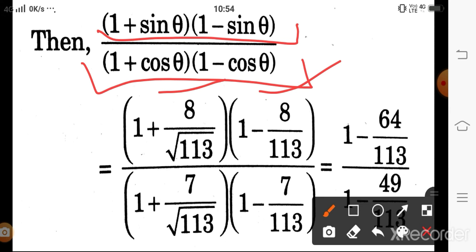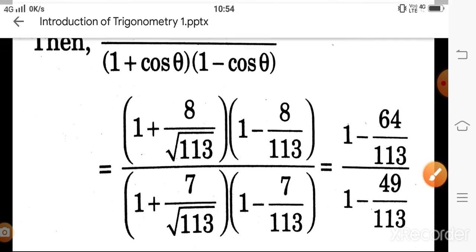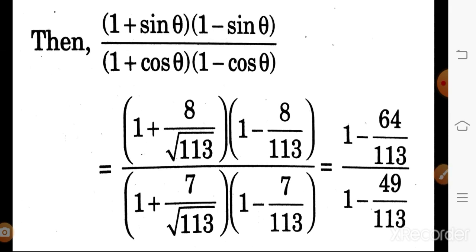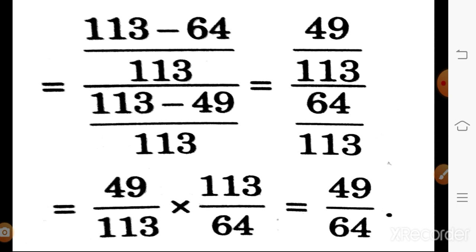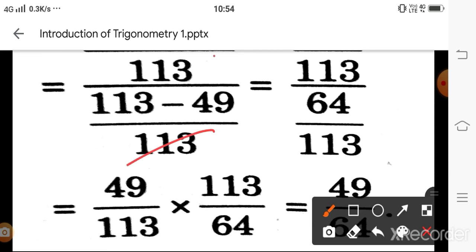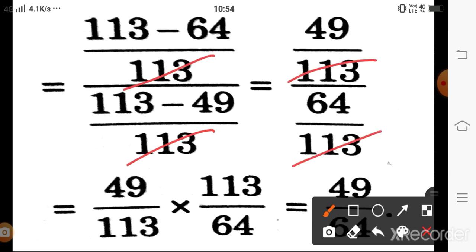Similarly in the denominator, putting the value of cos theta, (1 plus 7 upon under root 113)(1 minus 7 upon under root 113). Under root is missing here. On solving we get 1 minus 64 upon 113 and 1 minus 49 upon 113. Taking the LCM and solving, 113 cancels out and we get 49 upon 64.